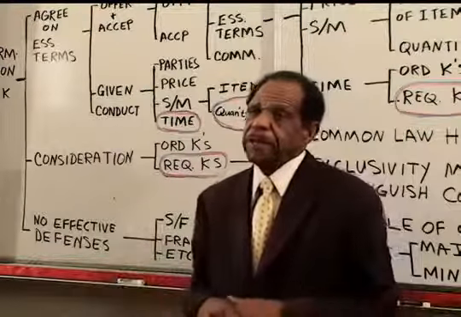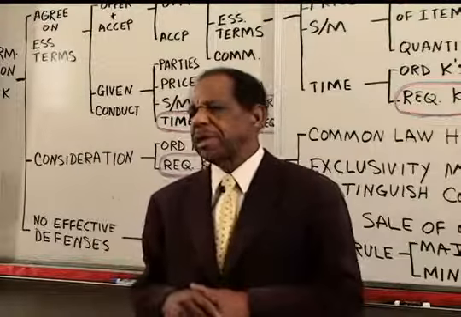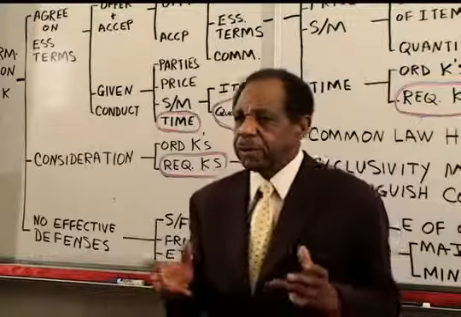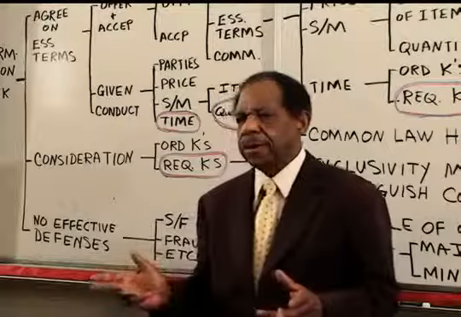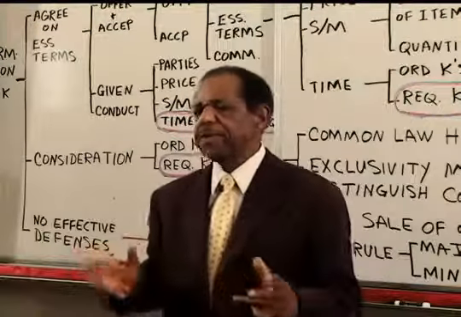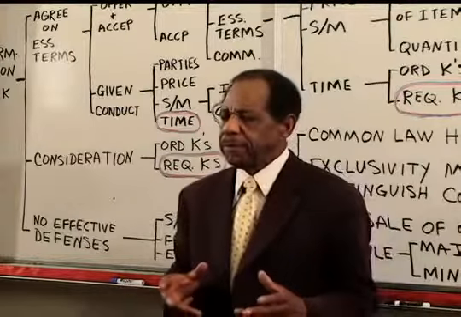And finally, the exclusive dealing contract is similar but a little different also. That's a case where I am, for example, a manufacturer of clothing, as in Wood v. Lucy, Lady Duff-Gordon, you know the case. And I manufacture clothing. I'm in Europe, and in England, in fact.